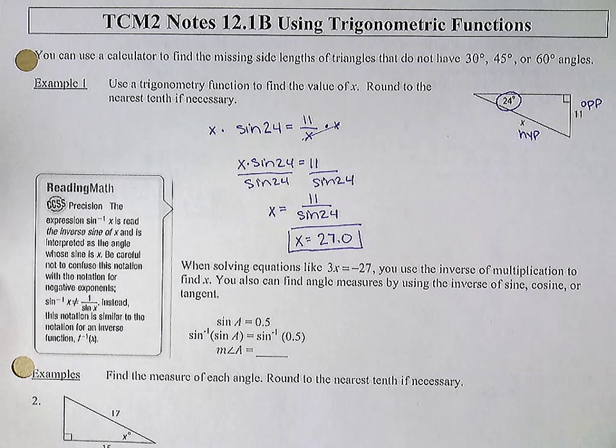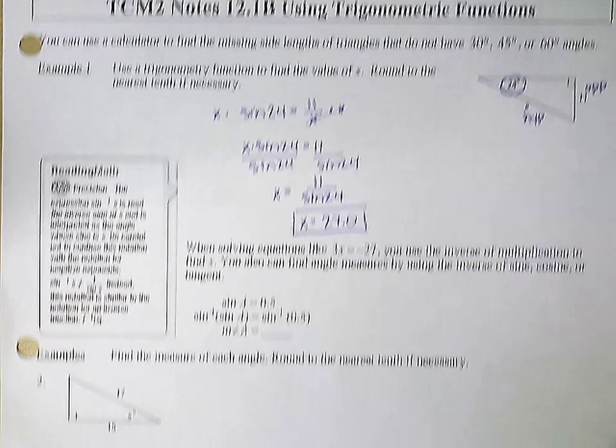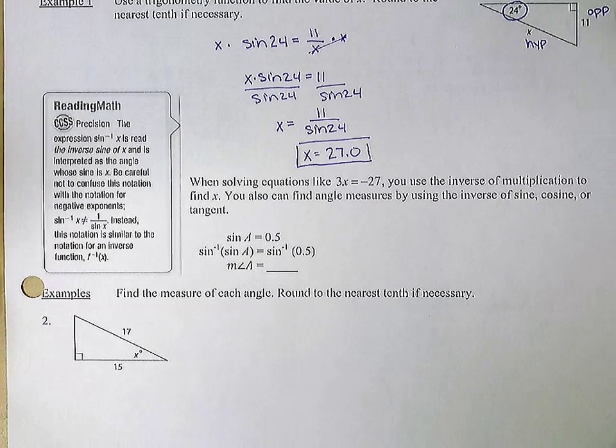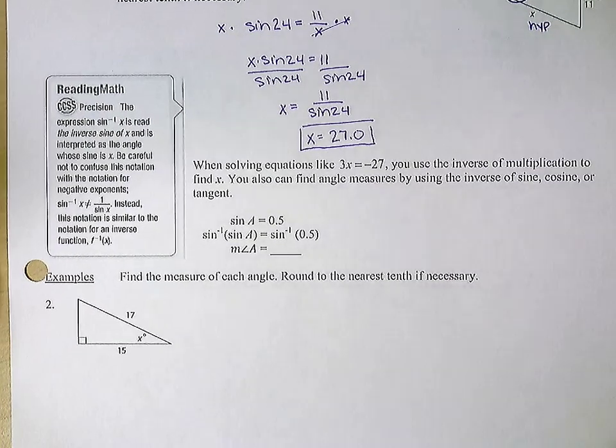All right, so moving on here. So when solving equations like 3x equals negative 27, you use the inverse of multiplication to find x. So you would divide by 3, right? That's the inverse of multiplication. So you can also find angle measures by using the inverse of sine, cosine, or tangent. Okay? And again, this is to solve for the angle.